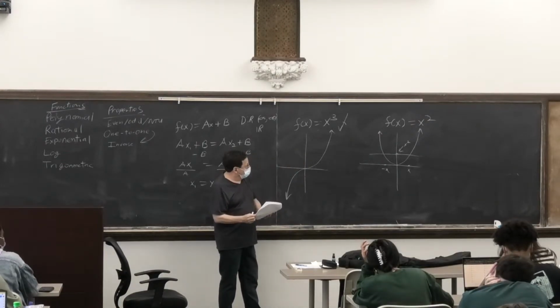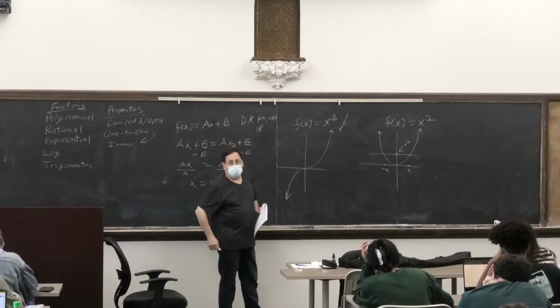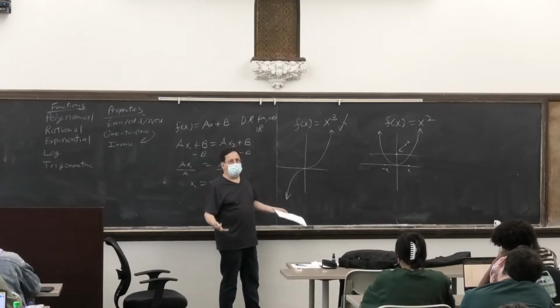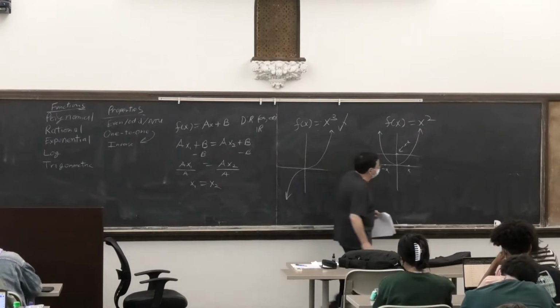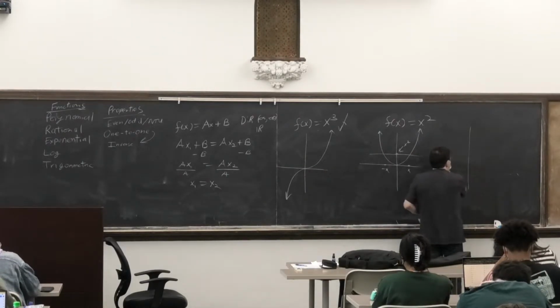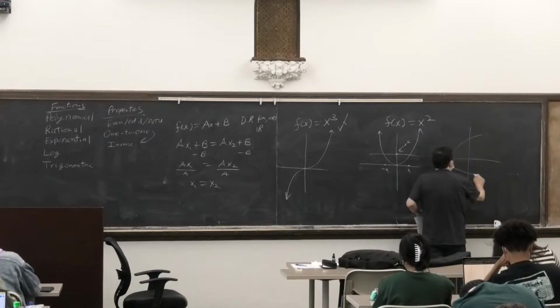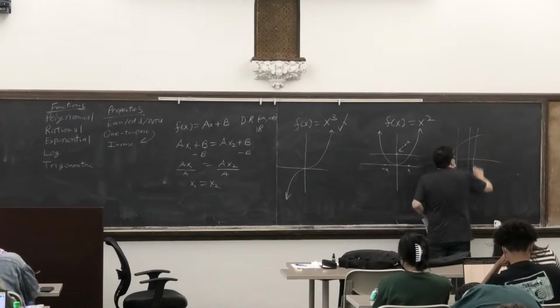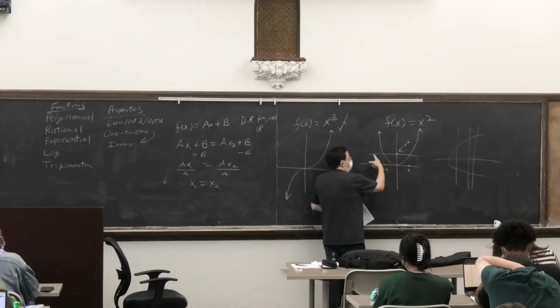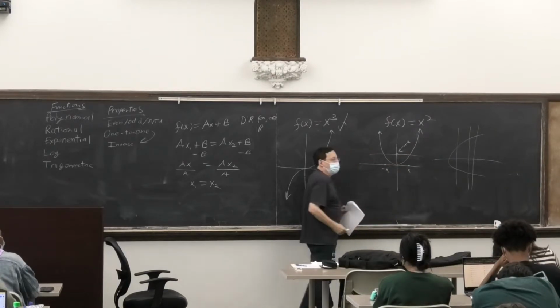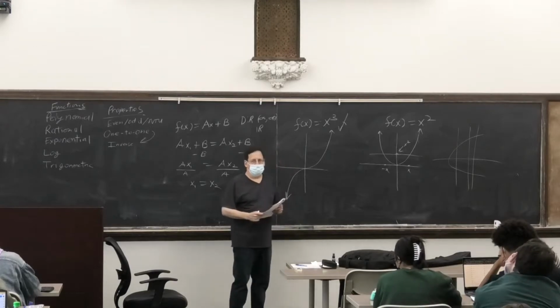Now, this might suggest something we've done before. As a way of knowing if something's a function, we had the vertical line test. Here you can see that we can have a horizontal line test.